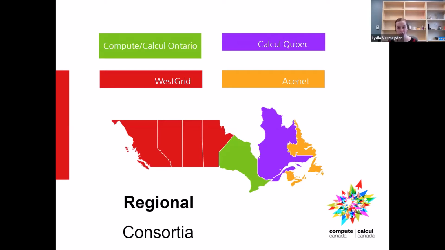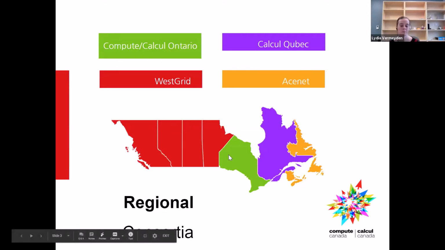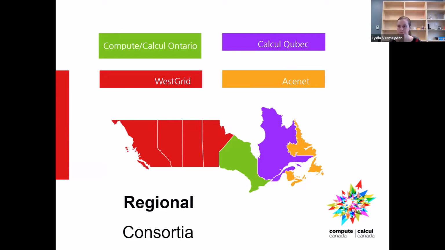So national systems, but regional staff, support staff and training staff. Megan is going to talk a lot more in detail about the services, supports, and training, and I'm going to focus a bit more on the actual physical resources that we have available.